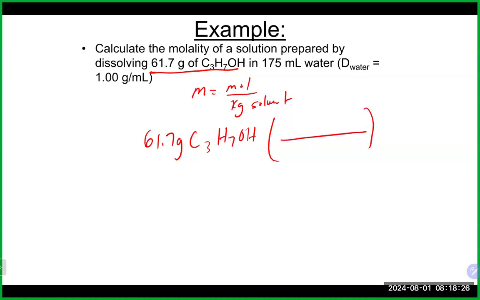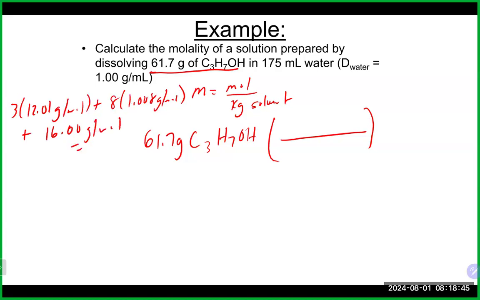In order to convert our grams into moles, we would need to go to the periodic table. We have 3 times 12.01 for our carbons, plus 8 hydrogens at 1.008 grams per mole, and 1 oxygen at 16 grams per mole. And that will give us a molar mass here.